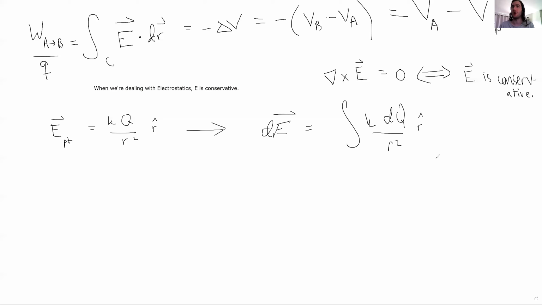That is good enough to show all electrostatic fields are conservative, for this exact reason: any electric field that is electrostatic, meaning that there are no moving charges. That's what electrostatic means, that all the charges are in place. That's where they're going to be forever. So everything is static, nothing is moving. We don't have any motion of charges. If we have motion of charges, things get slightly more complicated.